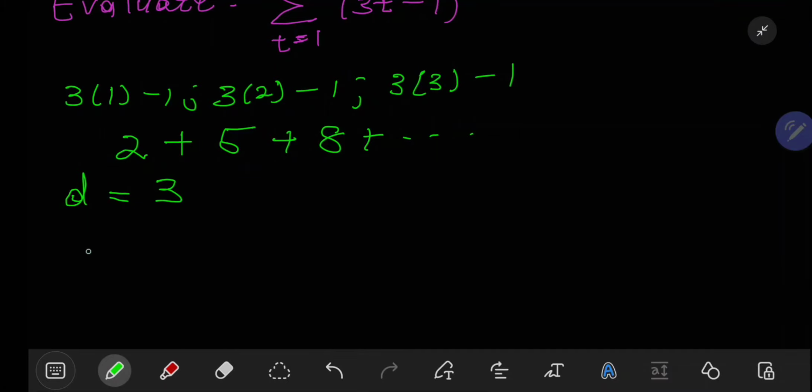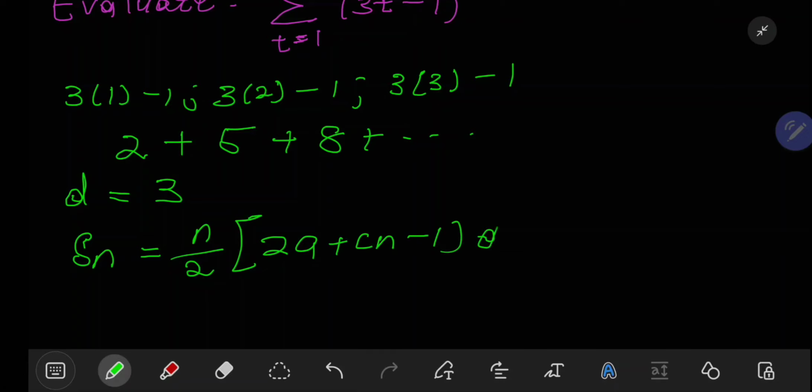That formula says Sn is equal to n over 2, times 2a plus n minus 1 multiplied by the difference. We already know our a value, which is the first term, 2. We have our difference, which is 3, and then what about our n?